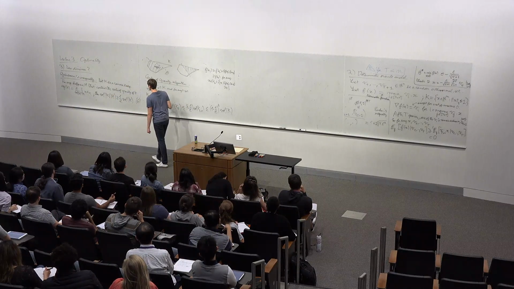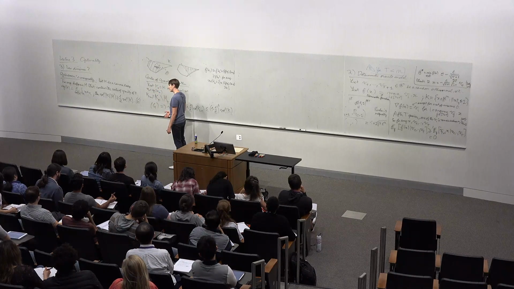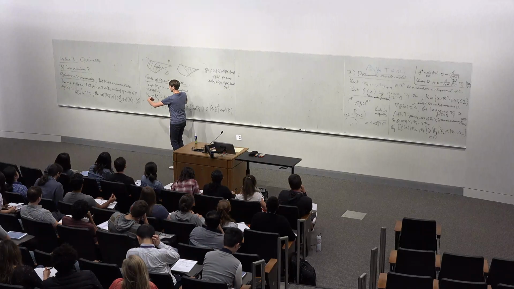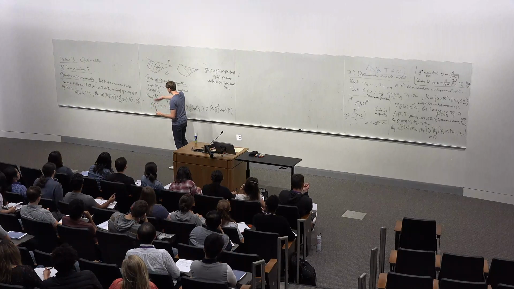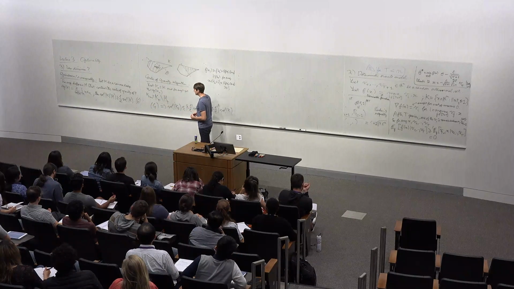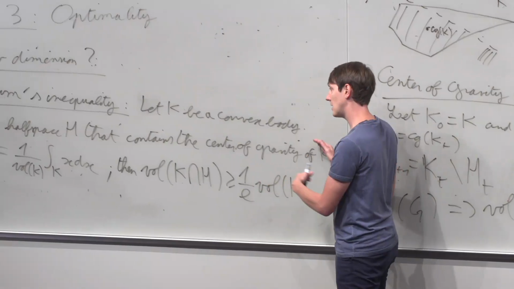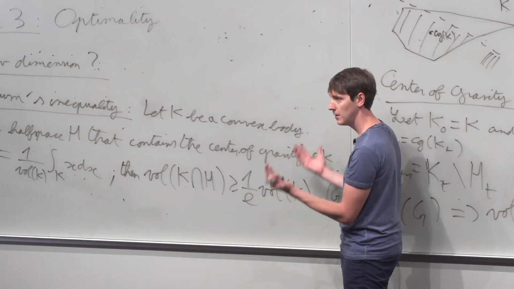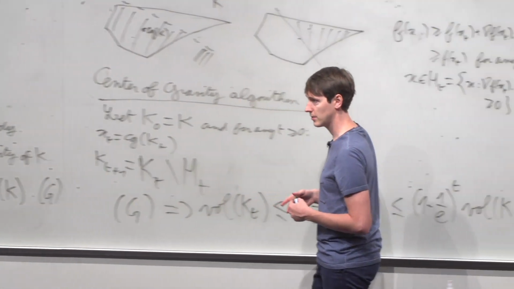And if you say volume, then you can say, instead of any half space, any convex set that contains the CG. But the biggest convex sets are half spaces. There are many small reformulations of this that make certain surprising aspects of the inequality more apparent. Here I just took this one because it's nicer.